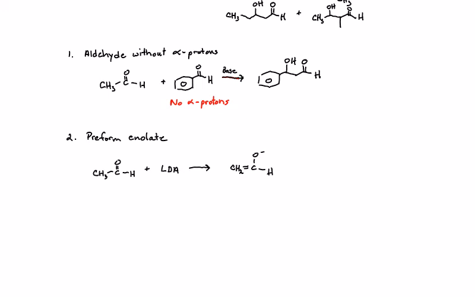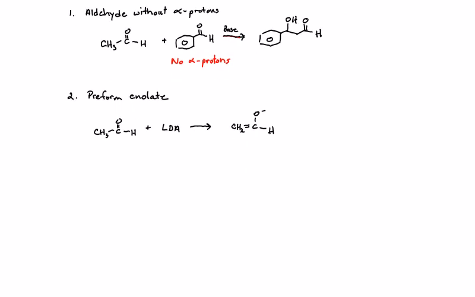And typically what we'll do is we'll start off with a flask, and to that flask we'll add a solvent as well as the LDA. Okay, so we have a solution that is consisting only of this very strong base.